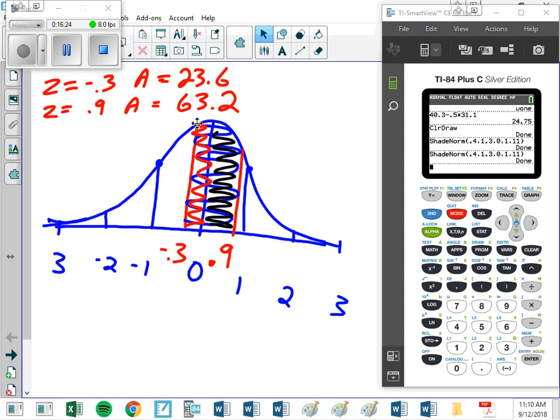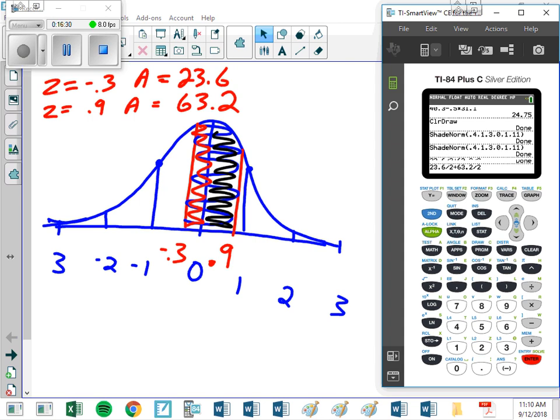That's really easy. 23.6 divided by 2 plus 63.2 divided by 2. 43.4. Let's double check with the calculator. Lower bound is negative 0.3 and upper bound is 0.9, 0 and 1.